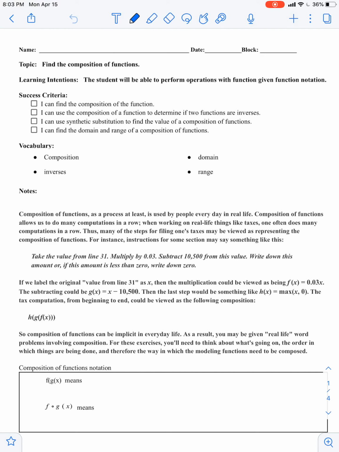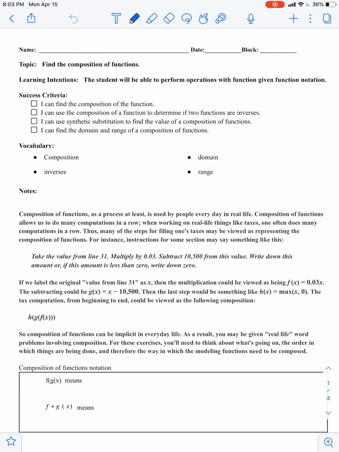So an example of where you might see the composition of a function in real life is anytime that you're doing something where you take one value and have to use it for another value. A very good example is your paycheck.